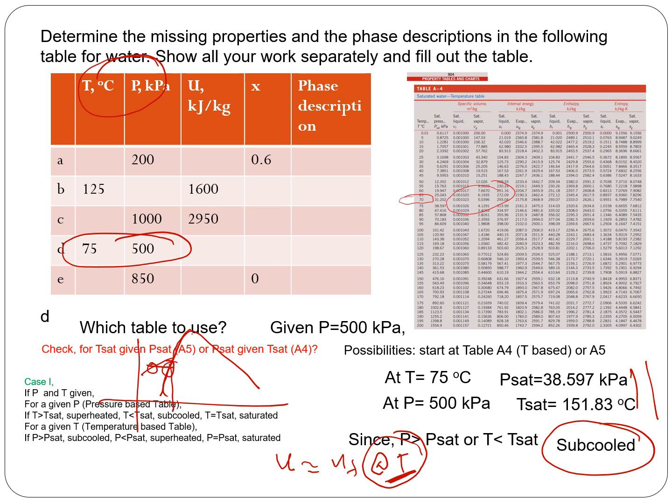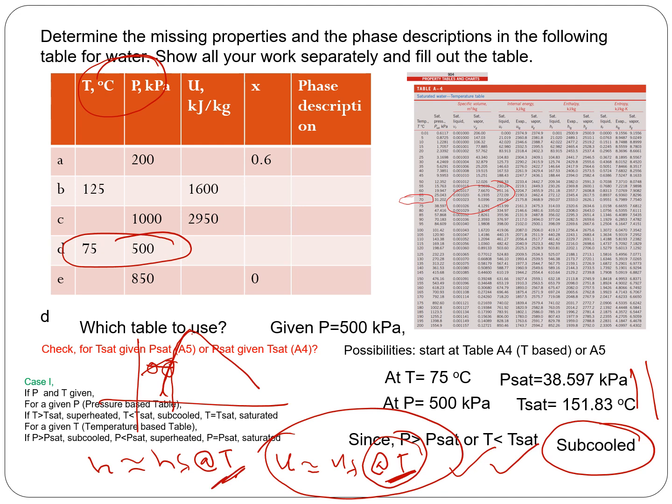This is one way. The other way is you can use the subcooled property table, which is I think A7, and most of the time you may not get the property value for all the range of pressure and temperature. That is why this other way of finding the property for the subcooled region becomes handy. You could do this for any property. So enthalpy is Hf at that temperature.